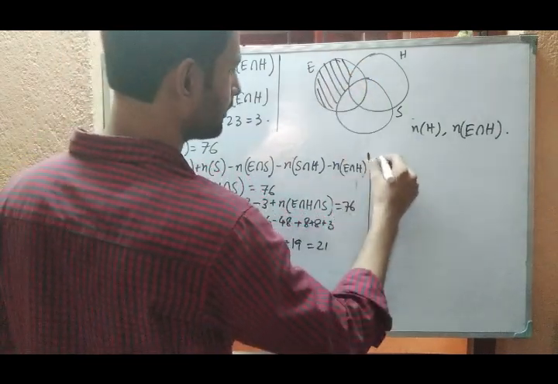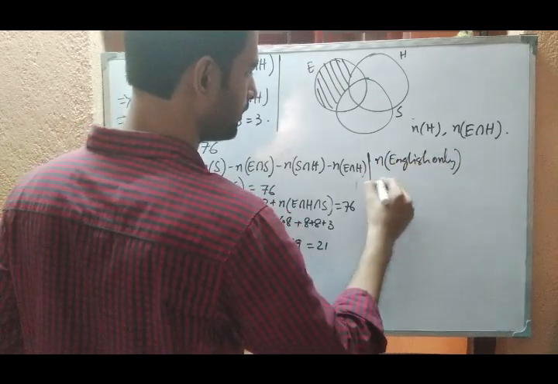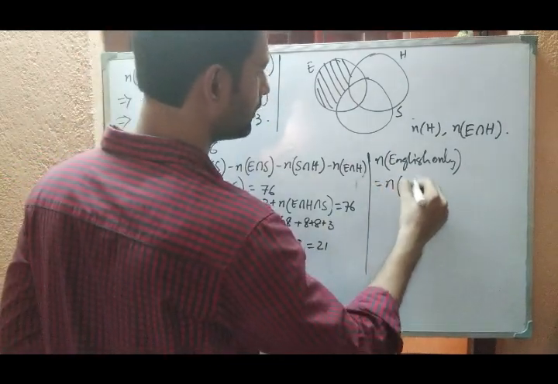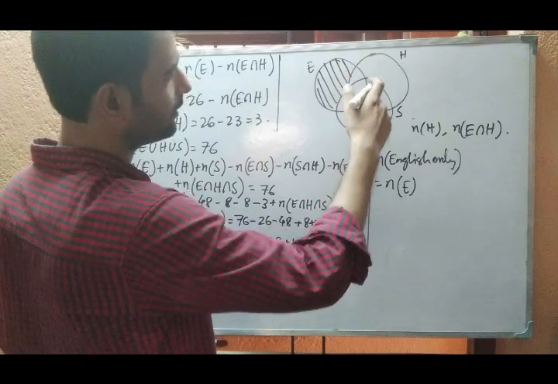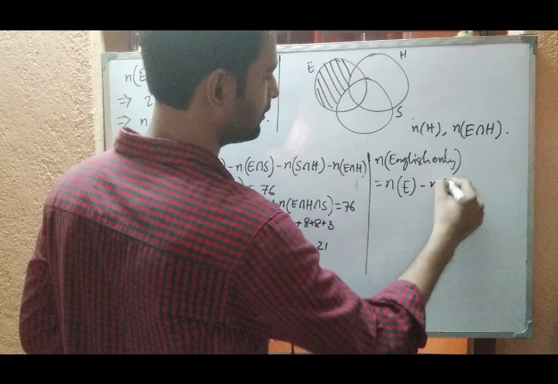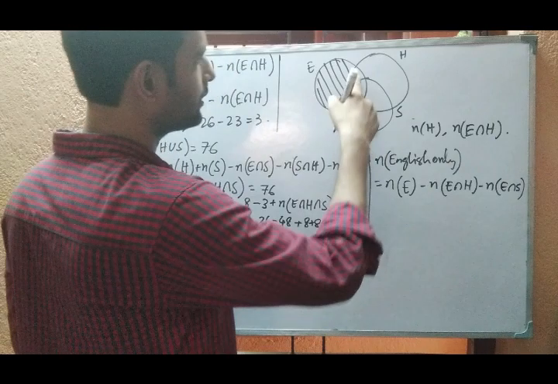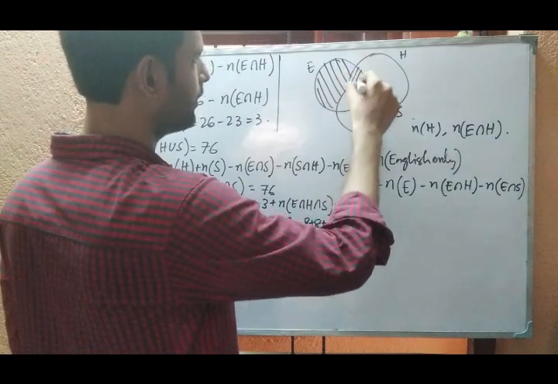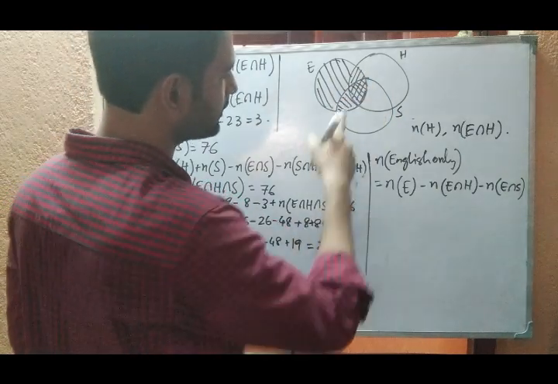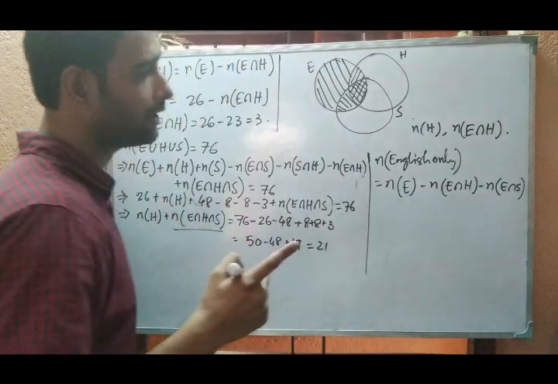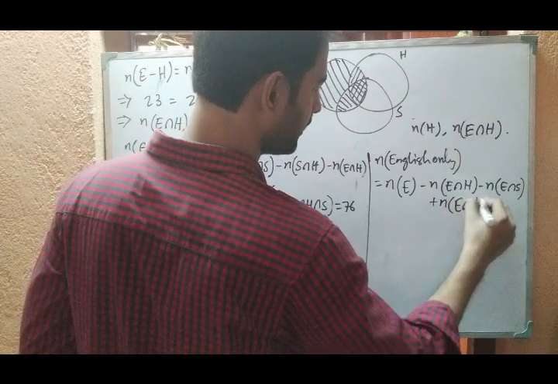So that thing we can write like this: English only is equal to n of E, meaning all the elements in E, when we are subtracting the intersection of E and H, then E and S. Now see, if we subtract these two regions, then the intersection of all three is subtracted 2 times, but we need it to be subtracted only 1 time. So that's why we again add it once.